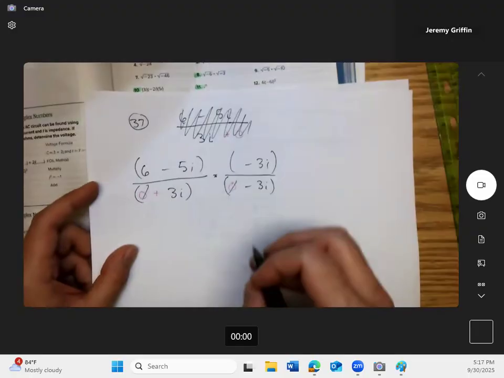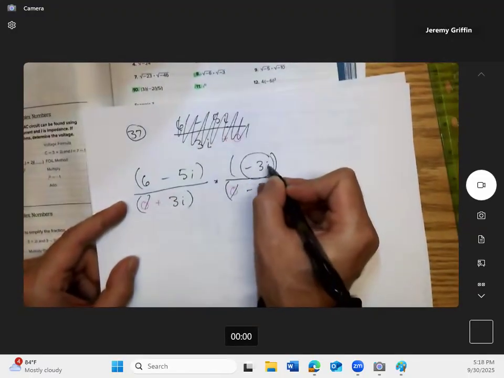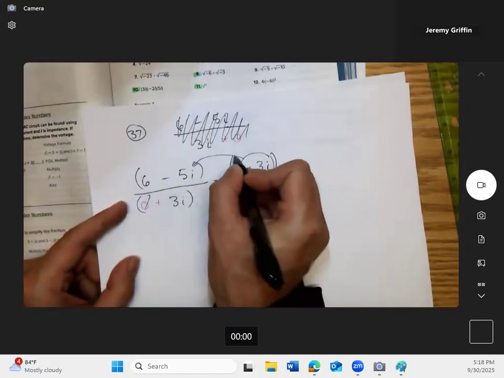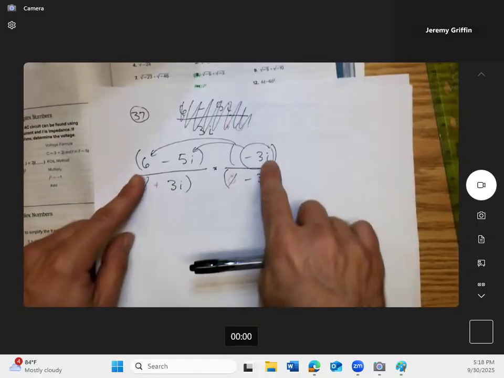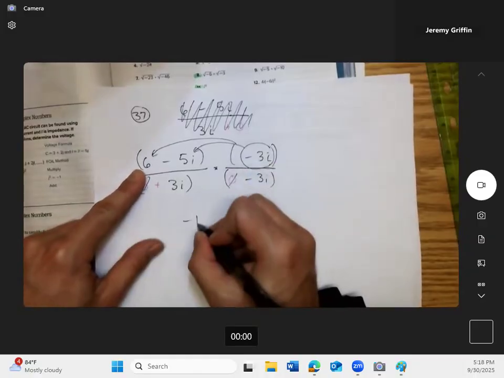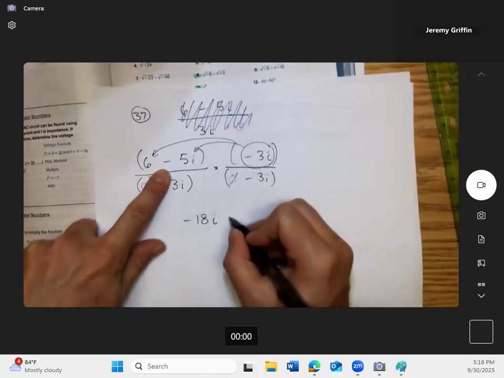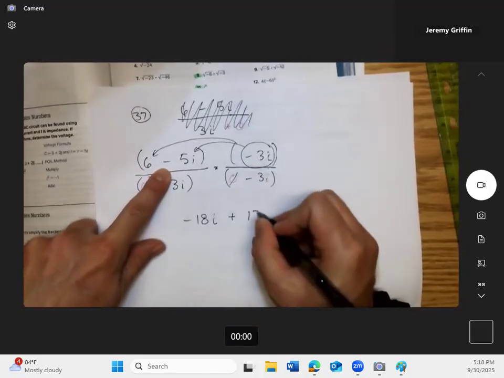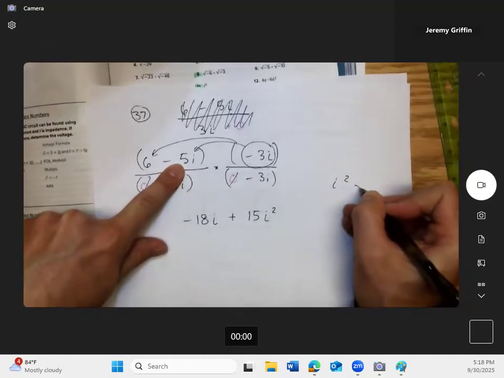So I can distribute this negative 3i into each of these terms over here, and then multiply this out in the bottom. So in the top, I have 6 times negative 3i, which is negative 18i. And then minus times minus gives me plus. 5 times 3 is 15, and that's i squared. Remember, i squared is negative 1.